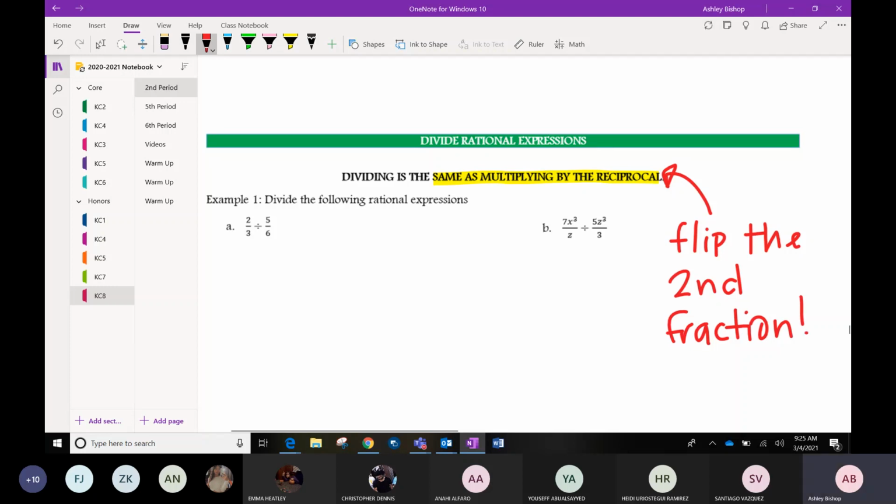So it's the same exact steps, except you're going to set it up just a little different, and then you're going to do all the same things. Once you see you are dividing, you need to do one thing in the beginning, and then you can do all the same steps. So I notice that I have 2 rational expressions that are being divided. I'm going to rewrite the second fraction, but after I flip it.